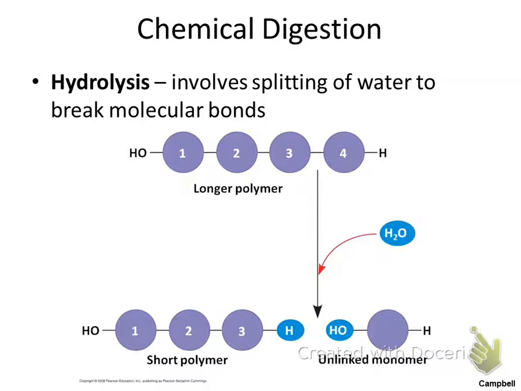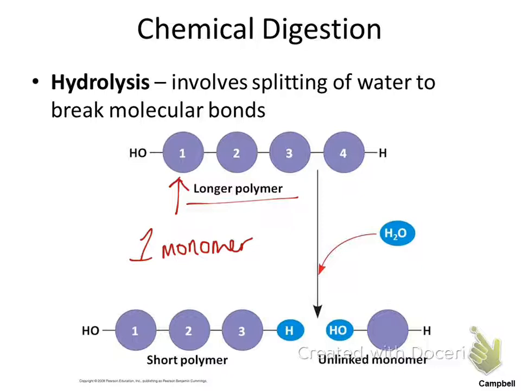So notice what I'm showing you here with this figure. We've got a polymer at the top of the screen, and each purple circle is representing one monomeric unit. If we decide that we want to remove one of those monomers, notice what we have to use.